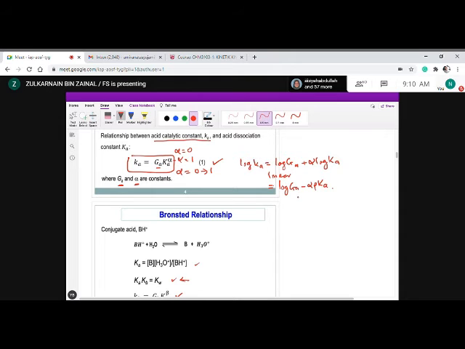For example, if alpha is 0, then Ka times 0, then the small Ka will only be Ga in the case of alpha 0. If 1, then it will be only Ga Ka, right? So you can do that and so on.